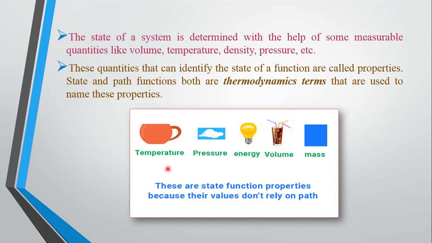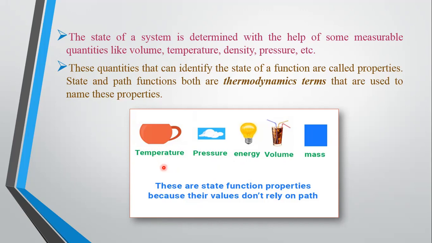Here you can see this picture where I'm demonstrating the state function properties, because their value does not rely on path: temperature, pressure, energy, volume, mass. When we are talking about these variables, we are not concerned with how the temperature reaches from the initial to the final state, or which path it takes.